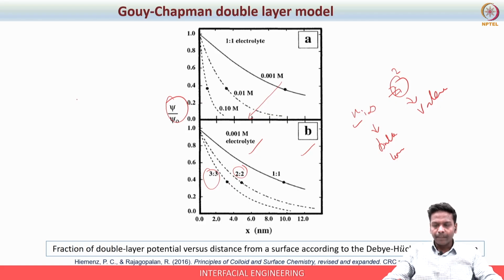On the other hand, by keeping the bulk concentration the same and varying the valence, right, in this case the valence is varied because we change the type of electrolyte from 1:1 up to 3:3. In this case, we actually tune the valence. That's why the fraction of double layer potential is also varying. Okay, right.